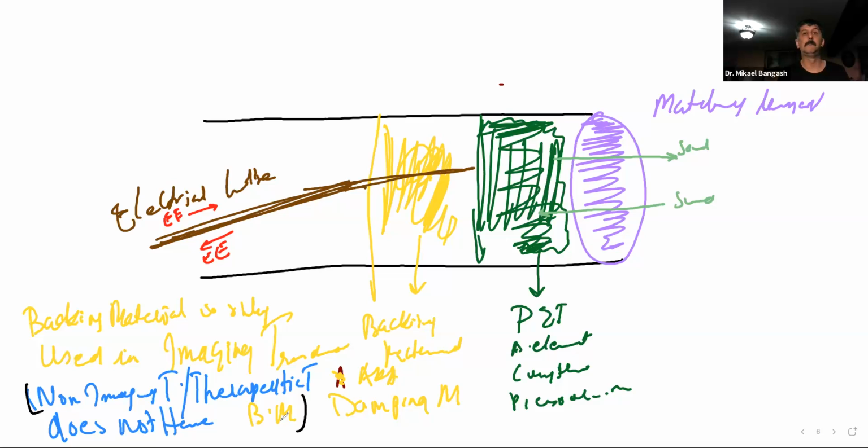Is that clear? So a non-imaging transducer, which we can also refer to as a therapeutic transducer, is going to be the main constructive difference between those two. It's only going to be your imaging transducers which have backing material.